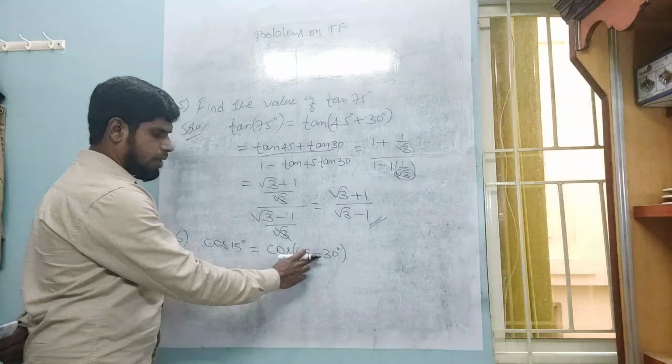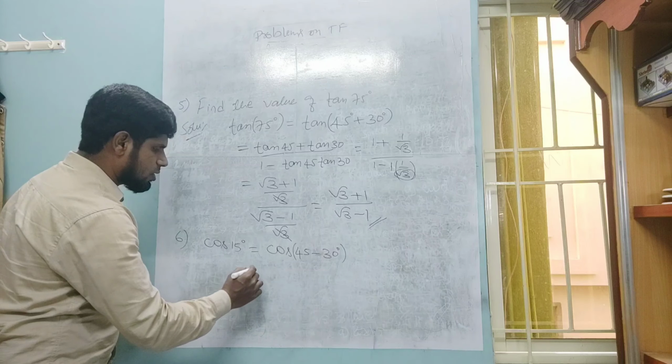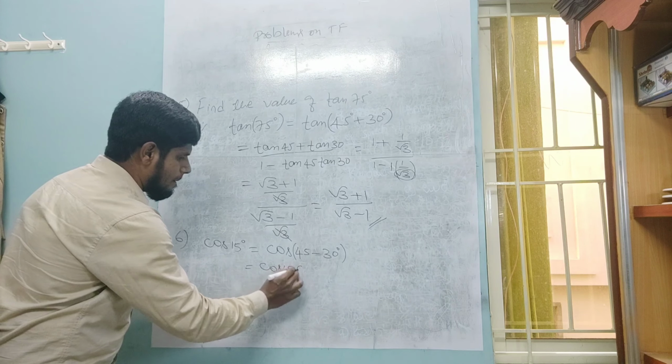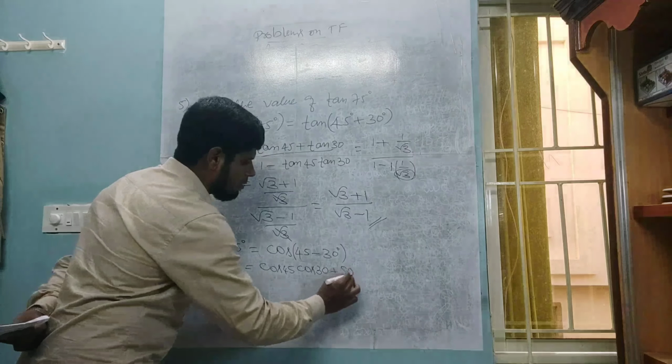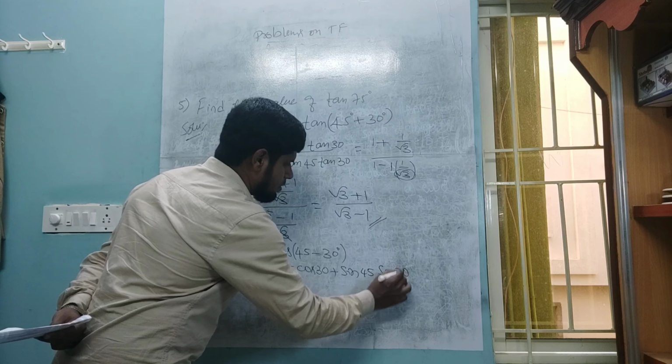Cos x minus y formula, x is 45, y is 30. So this can be written as cos x cos y plus sin x sin y.